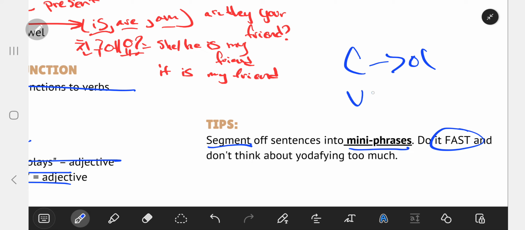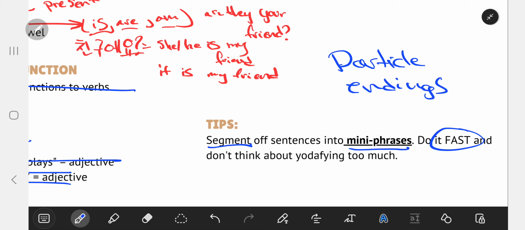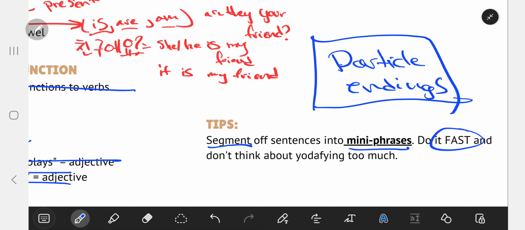So if something is a vowel, then you say, oh, vowel, no, it has to be bam. That's it. So you must do the particle endings, all the endings that are based on vowel or consonant, with speed. You have to.